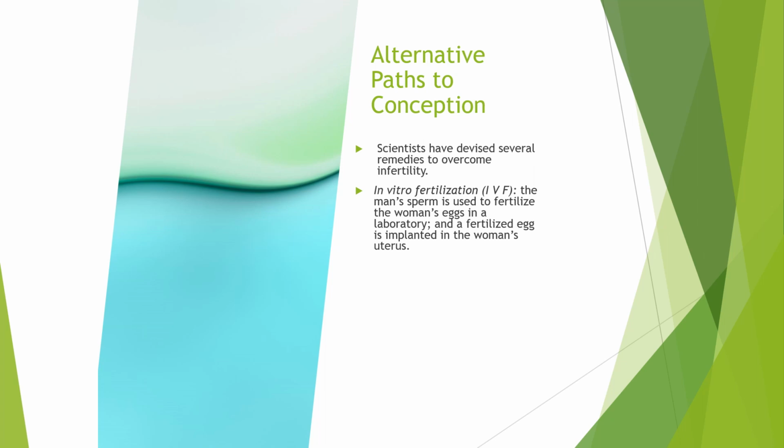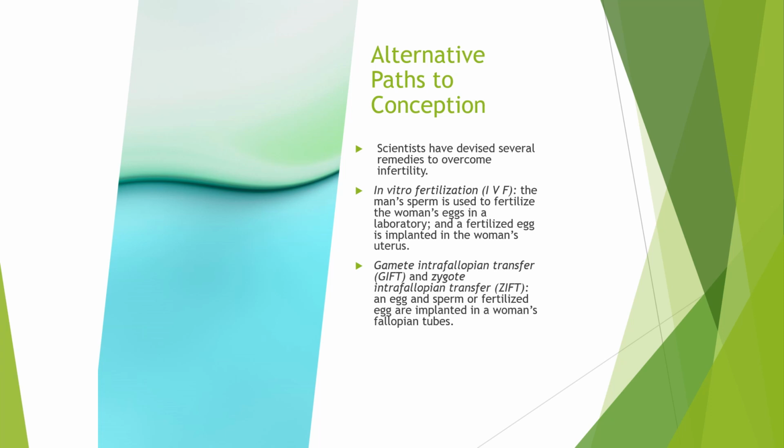You can also have a second type of alternative path, and this is GIFT, gamete intrafallopian transfer, and also zygote intrafallopian transfer, or ZIFT. So you can have the GIFT or the ZIFT, whether it's a gamete or a zygote.